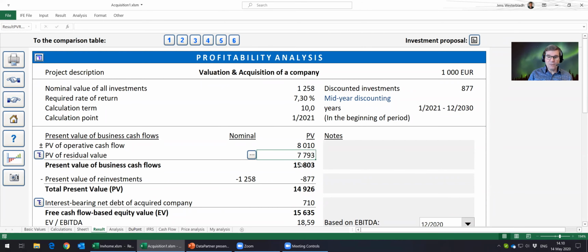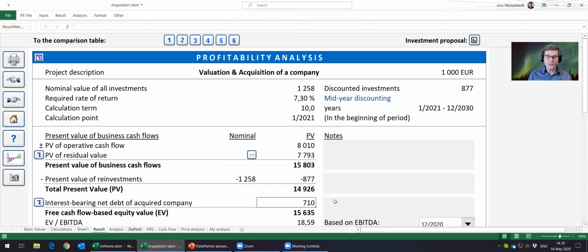And together, they added together to 15.8 million, and then we deduct the reinvestments, these investments during 10 years, their present value, and then we make some net debt adjustments to the value.